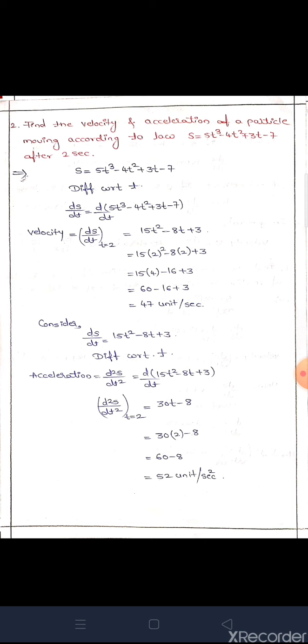So value of t they have given as 2. 30 into 2 minus 8. 30 into 2 is 60 minus 8. You will be getting 52 unit per second square. So same way you will be getting the example on velocity as well as acceleration.